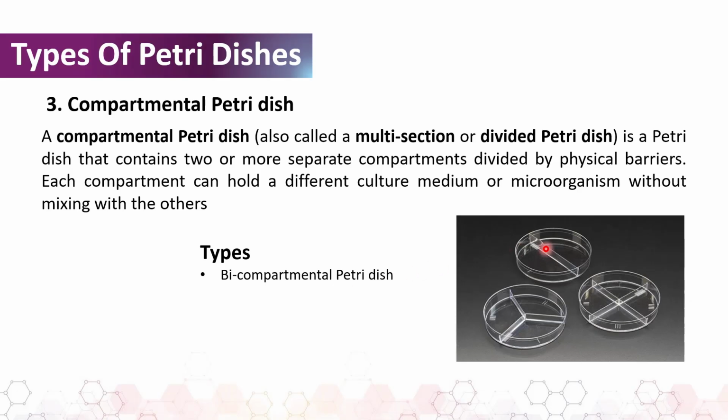The first is the bi-compartmental Petri dish, which has two compartments. We also have the tri-compartmental Petri dish with 3 compartments. And we have the multi-compartmental Petri dish that has 4 or more compartments.